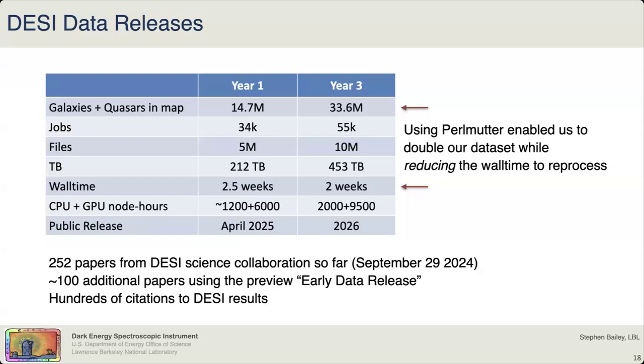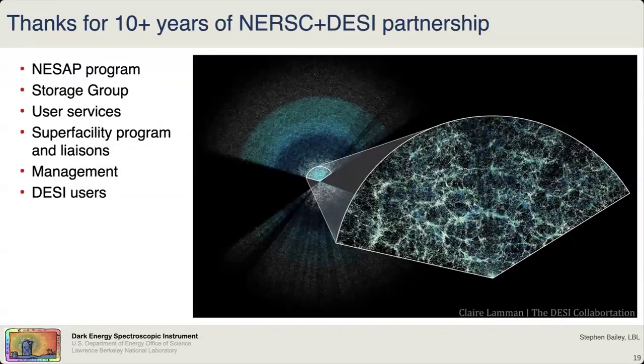There's 187 of those papers, but I didn't count which ones were coming from DESI and which were coming from others. And then there's additionally hundreds of citations to this research, and publication-wise, we're just getting started. I expect within a year, if you count the 2D map papers plus the 3D map papers, we might be getting up towards the 1,000 paper mark for the work that has been able to run here at NERSC.